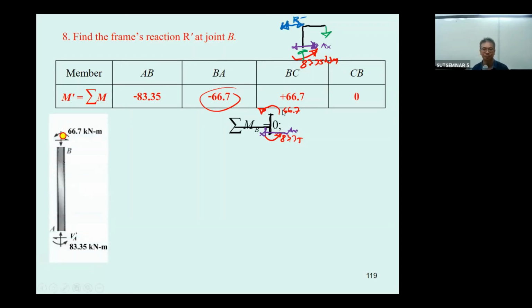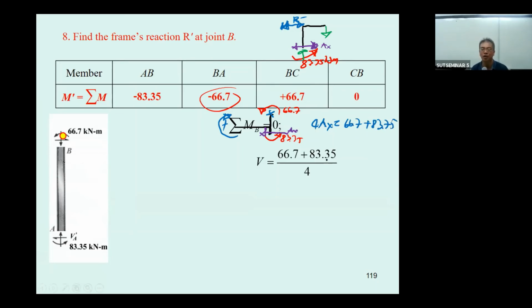And now you take this. Your A sub x or V sub A prime here is going to be the same one. So take moment over here. Your A sub x has this direction positive, and you have A sub x times the length of 4 equal to 66.7 plus 83.75.